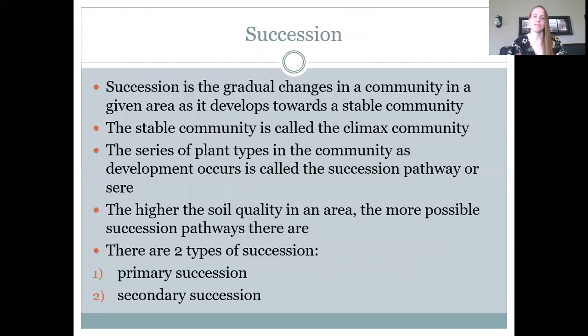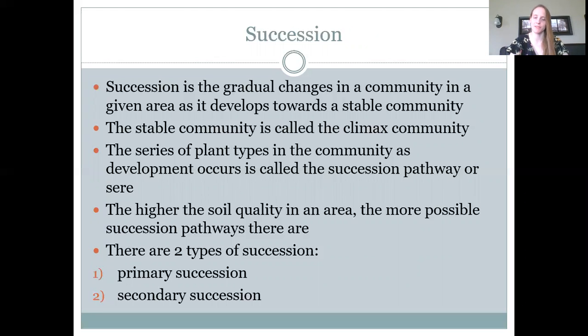The series of different plant types in that community as it develops is called the succession pathway, also called the SERE, S-E-R-E. The higher the soil quality in the area, the more different possible succession pathways there are. So the more different types of plant communities could be a part of that SERE.